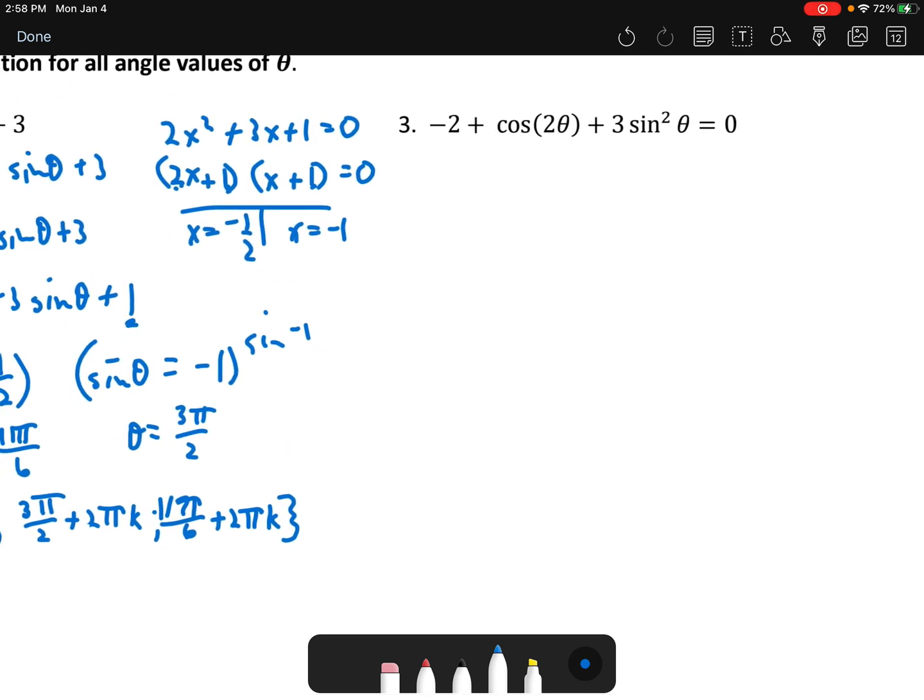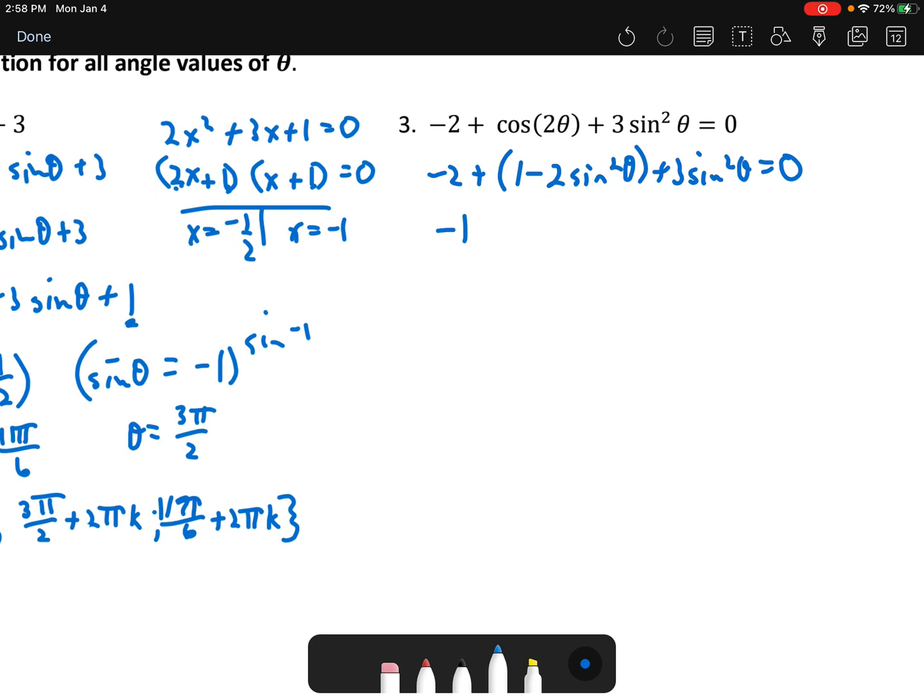Okay, now 3 is just awful, but I see a 3 sine squared, which makes me think cosine 2 theta probably should be changed to 1 minus 2 sine squared theta so that we get nothing but sine squared. Now that makes sense.